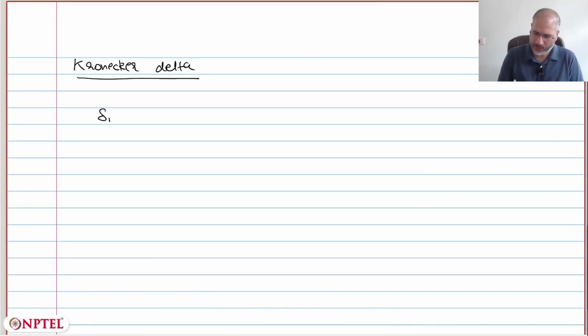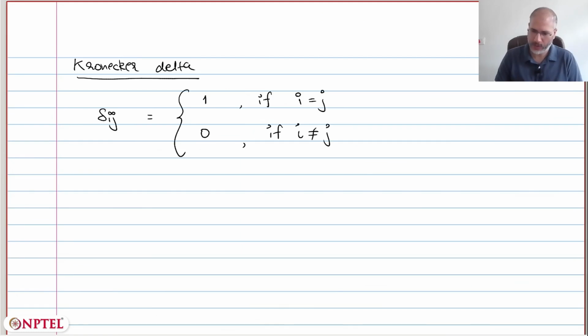The Kronecker delta symbol is written as the Greek lowercase letter delta with subscripts i and j, and this is defined as follows. So delta ij is equal to 1 if the indices i and j are equal, and this is equal to 0 if the indices i and j are not equal.